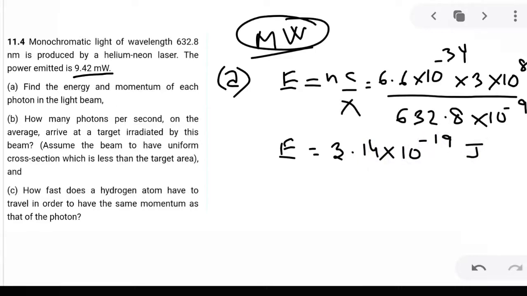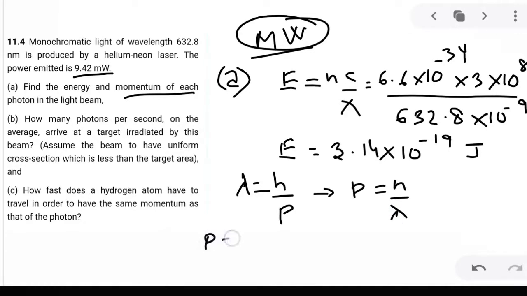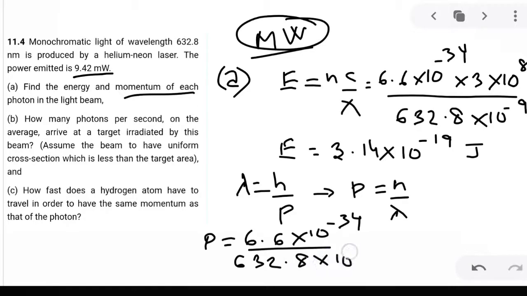Now it is asked momentum of each photon. From the de Broglie relation, we have lambda is equal to h by p. So p is equal to h by lambda. Lambda is given, so p is equal to 6.6 into 10 power minus 34 divided by 632.8 into 10 power minus 9.